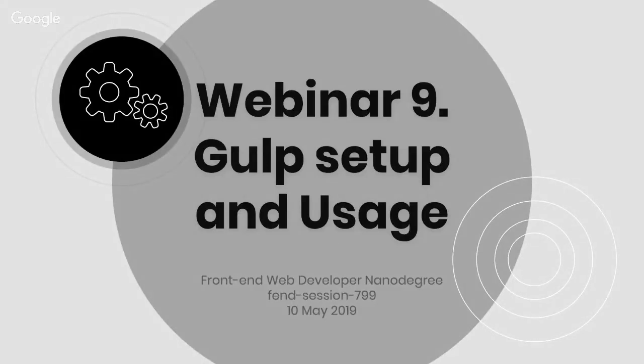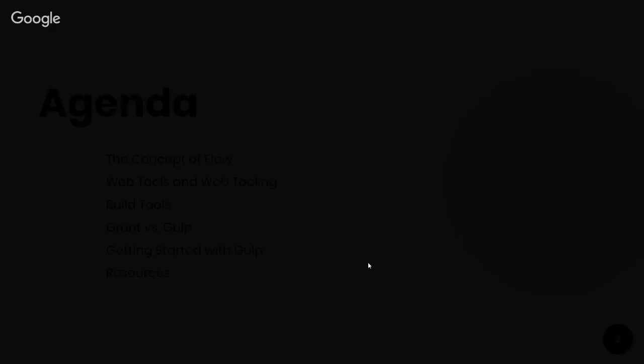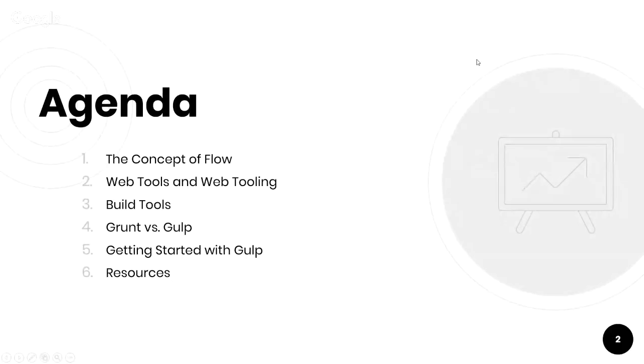Here you can see our topic, Gulp setup and usage. And here is our agenda. Firstly, we'll start with the concept of flow. This is a very important concept that all developers must take into consideration, because in addition to providing a product that seamlessly flows as a user interacts with it, we can benefit ourselves from designing a workflow that is nice and intuitive.